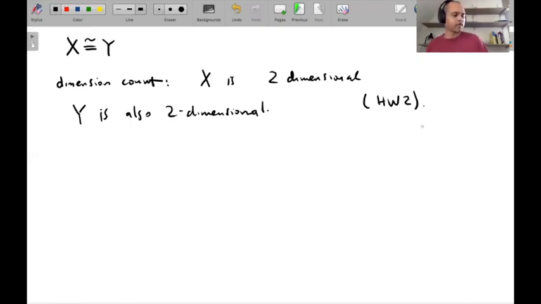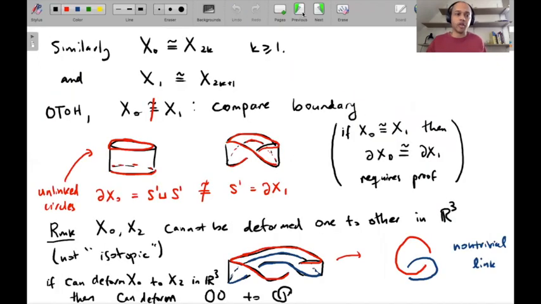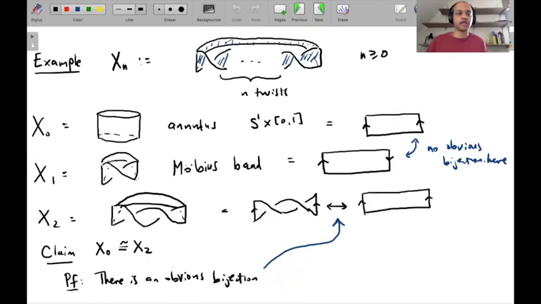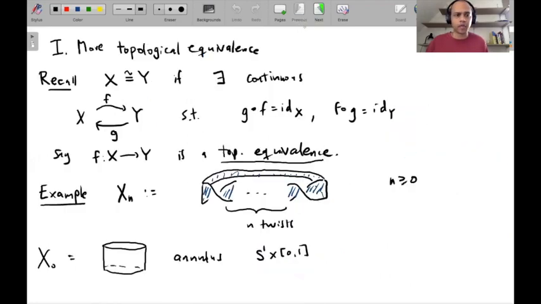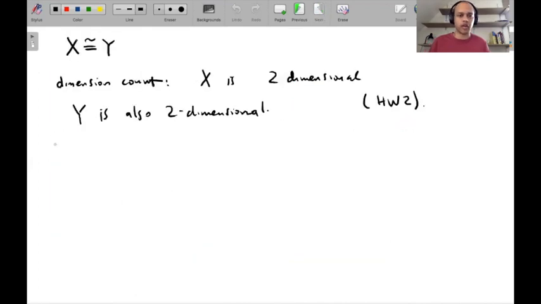Okay, so the point of all of this, I just want to introduce you to some interesting topological spaces. And the basic question, whenever you have a topological space, you can ask if they're topologically equivalent. So let me just remark on that.